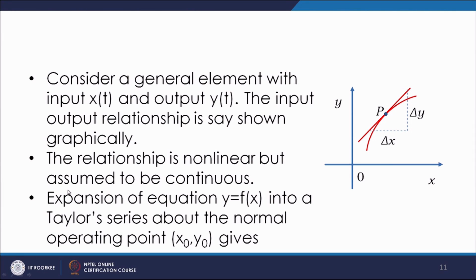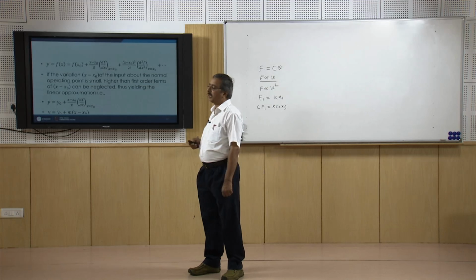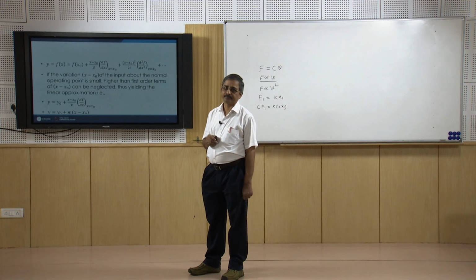Now, what we can do is expand the equation y is equal to f(x) into a Taylor series about the normal operating point, say x0, y0. If I do that, this is what I get, the Taylor series expansion.